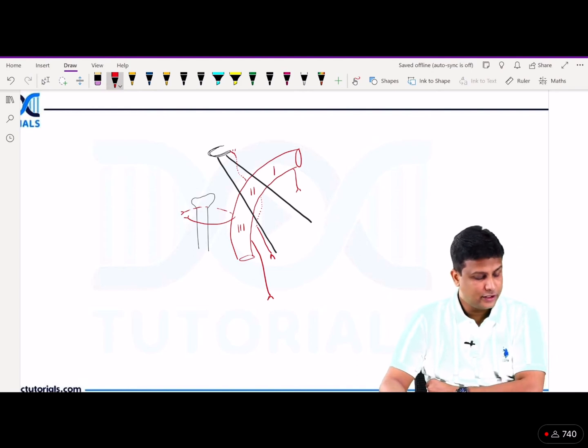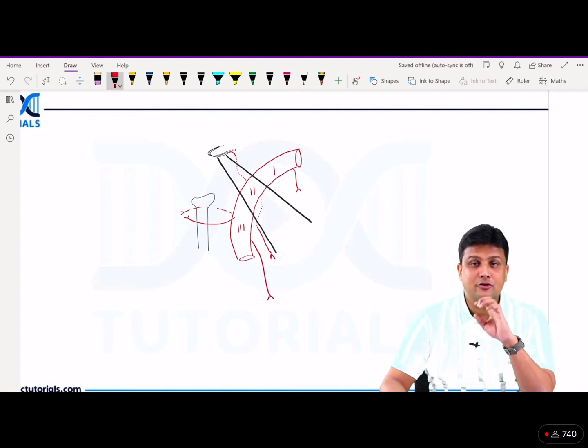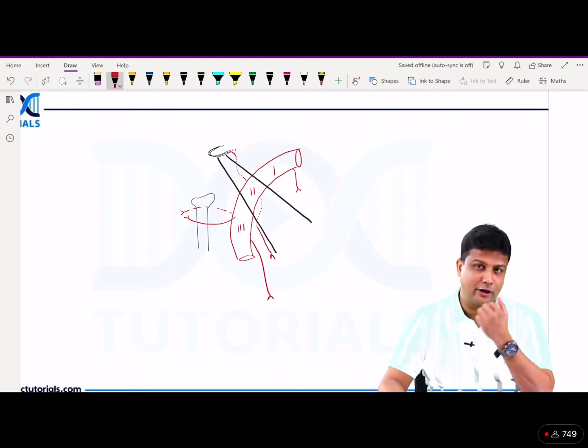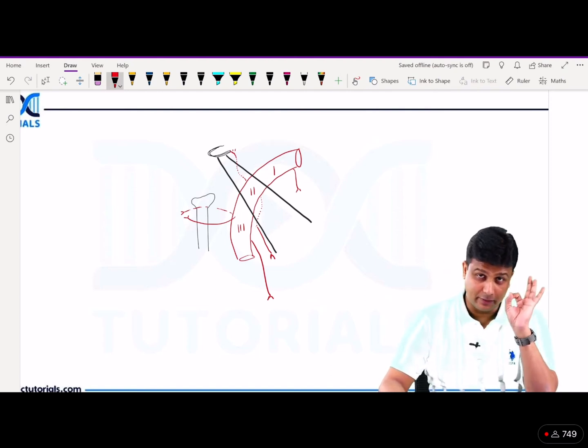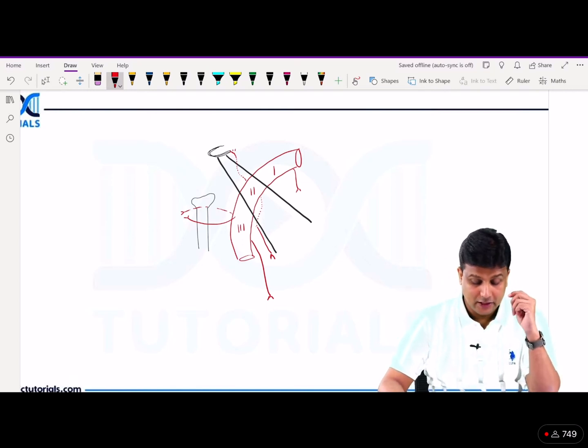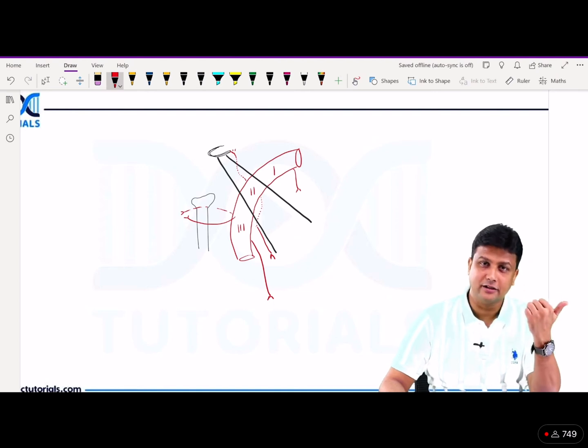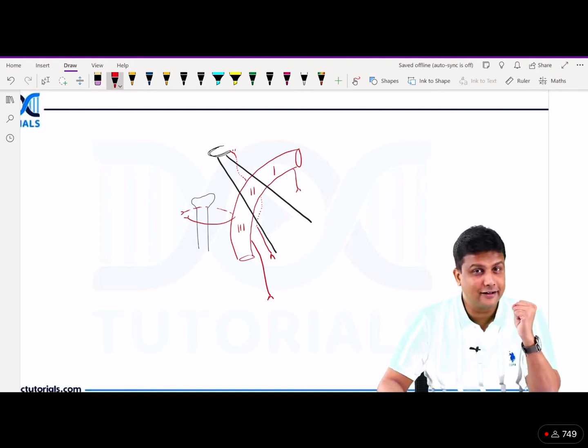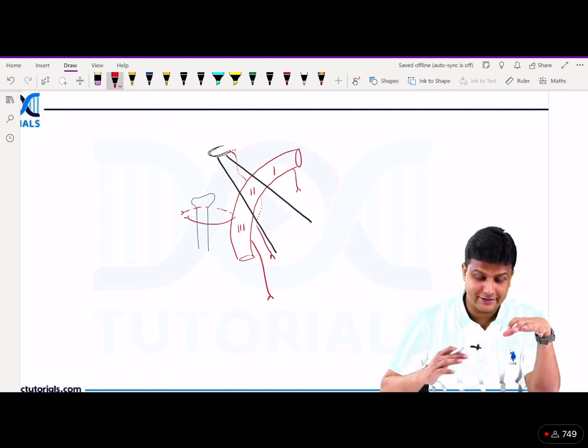So I repeat once more: the first part will give only 1 branch, that is the superior thoracic artery. Second part will give 2 branches, lateral thoracic artery and thoracoacromial artery. And the third part will give 3 branches, anterior and posterior circumflex humeral artery and subscapular artery. And whatever feedback I got from your seniors last year, they have asked a question regarding the axillary artery, and they have given a hand drawn diagram exactly like this.